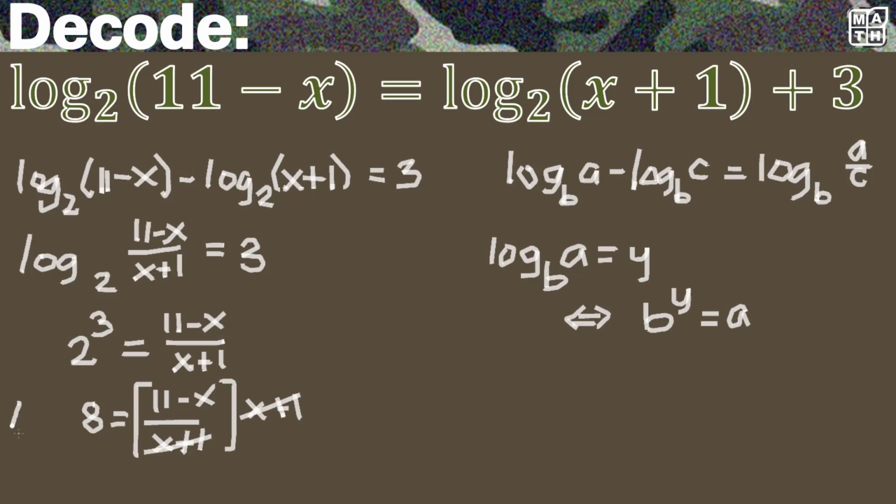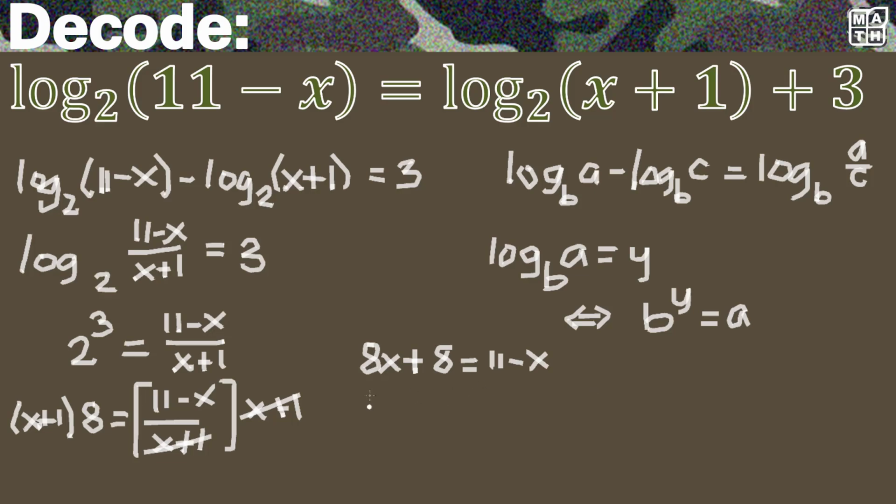And again, don't forget that we also multiply the other side. So copying it here, we'll have the expression by distributive property. You have 8x, and then you have plus 8 is equal to 11 minus x. So we have now a linear equation.